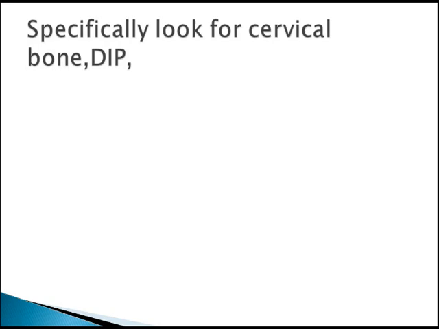There are some joints you need to look for, like cervical spine, DIP, PIP, MCP. The DIP joint is never involved in rheumatoid arthritis. That's very important. Cervical spine involvement can be there, but it's very rare in rheumatoid arthritis.